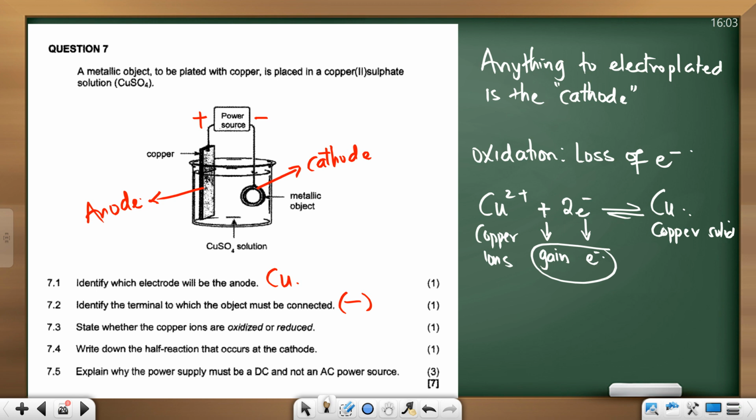The gain of electrons. Reduction. So do you see that copper ions are reduced to copper? Please take note. You cannot reduce a solid. Solids cannot be reduced. Ions can be reduced.